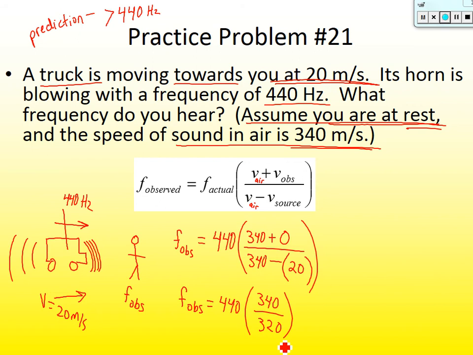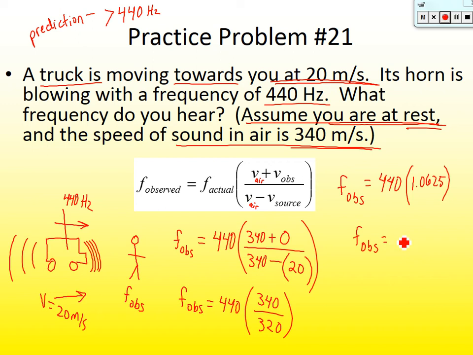So your frequency observed becomes 440 times 340 divided by 320. 340 divided by 320 is equal to 1.0625. And so let's multiply these two numbers together now to get our frequency observed.